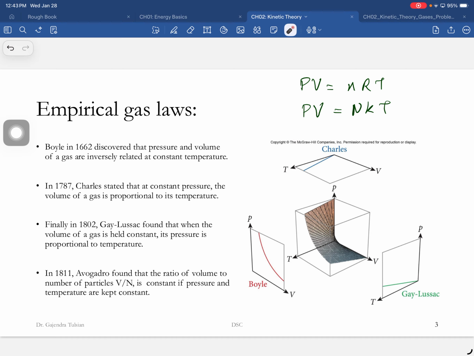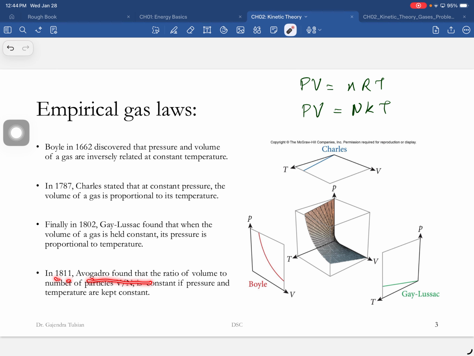Let's say you take a flask or a balloon with a certain amount of gas, at atmospheric pressure and temperature, and you take another balloon with the same amount of gas, and then you mix the two, the volume doubles. If you double the number of molecules, the volume doubles at the same temperature and pressure. That's what Mr. Avogadro found.